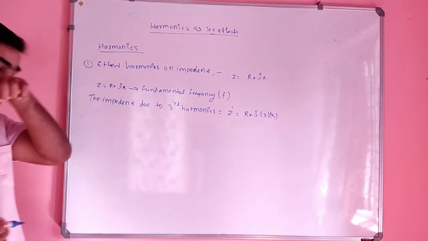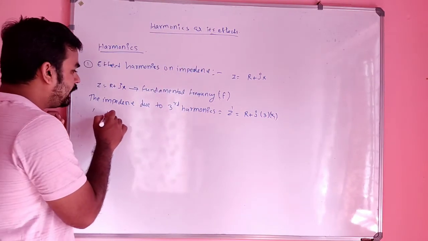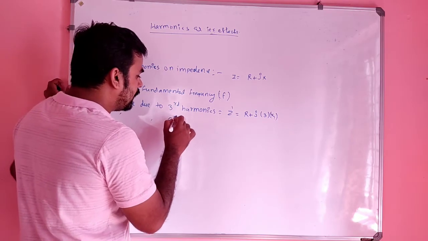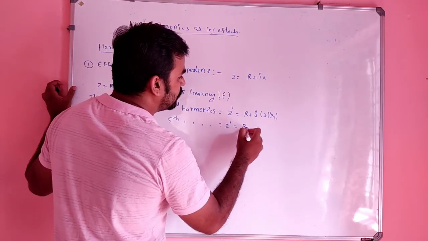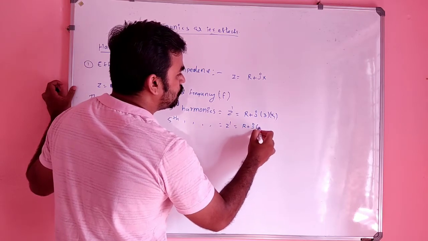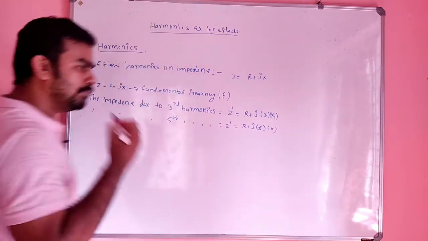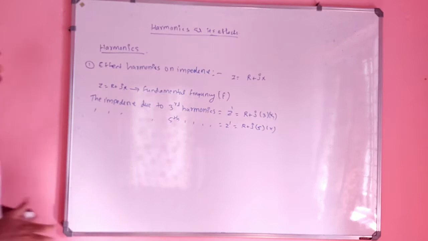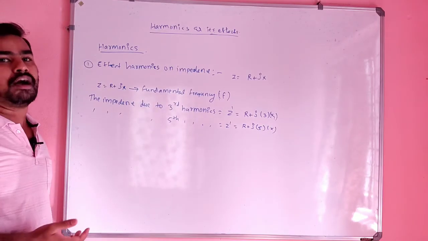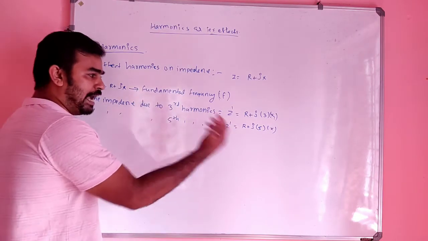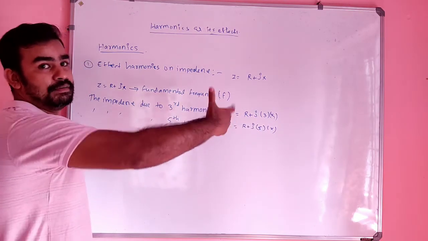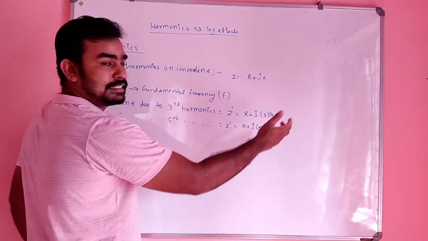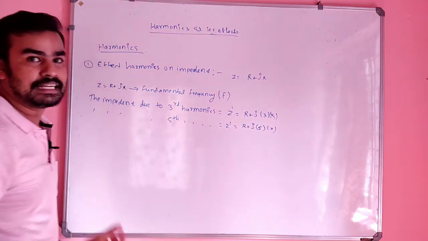Similarly, the impedance due to the fifth harmonic will be R plus j into 5X. Which means whenever we increase the order of the harmonics, the effect is in the j terms: j3X, j5X, like that.